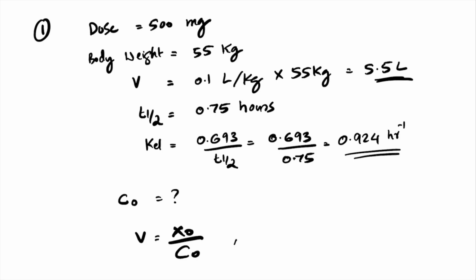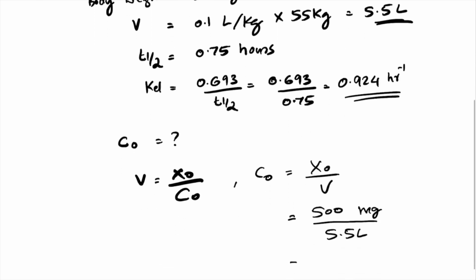So from here, we can solve for C0 as being equal to dose divided by volume of distribution, in which case we have 500 milligrams divided by 5.5 liters. That is going to be equal to 90.9 milligrams per liter. So that is your C0.